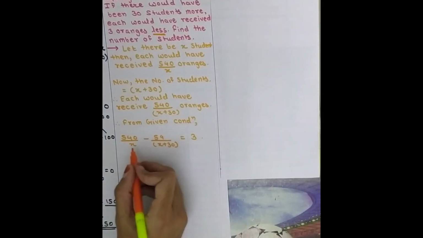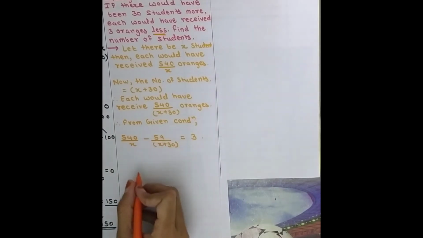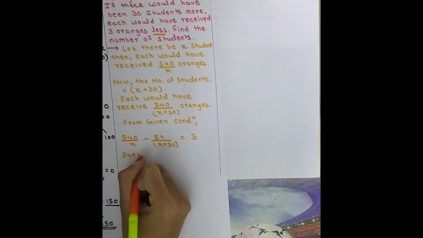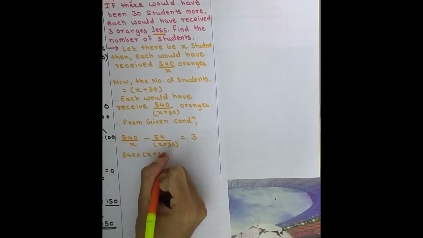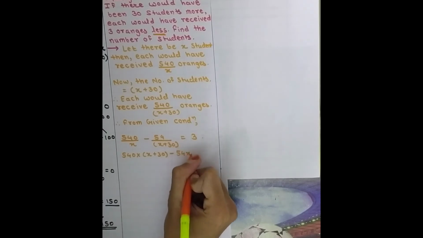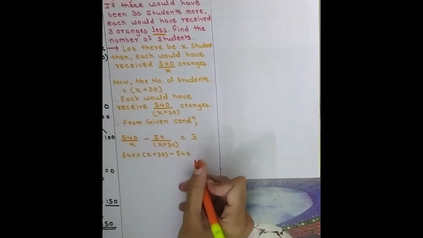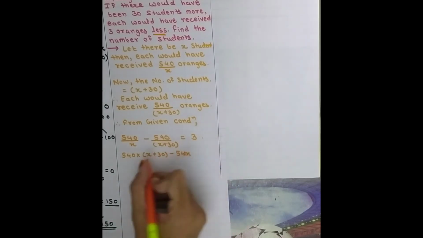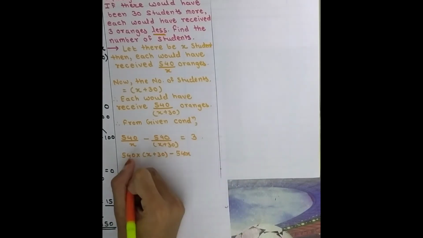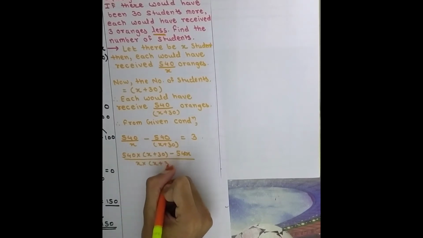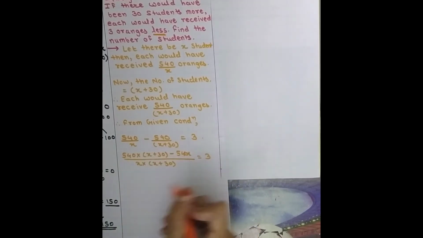Solve this. Here the denominators are not the same, so do cross multiplication. So 540 multiplied by x plus 30 minus 540 multiplied by x, that is 540x, upon x multiplied by x plus 30, is equal to 3.